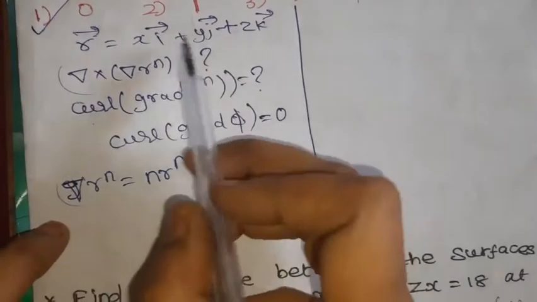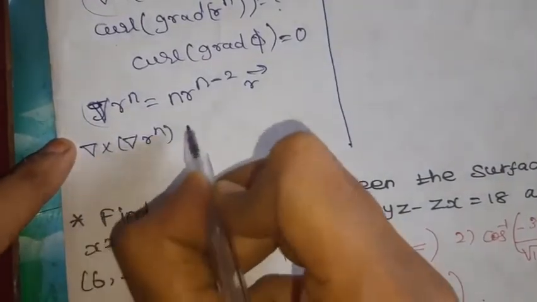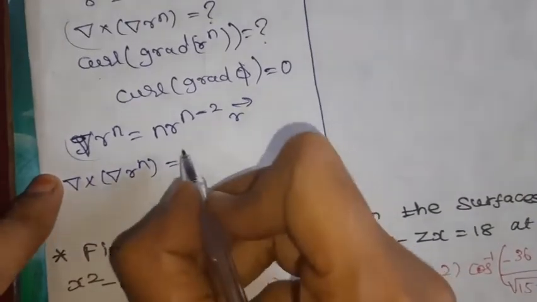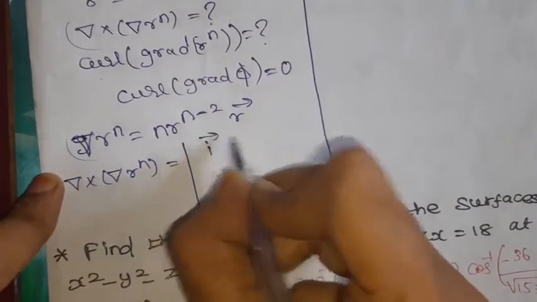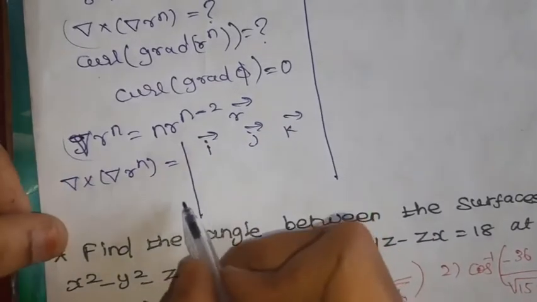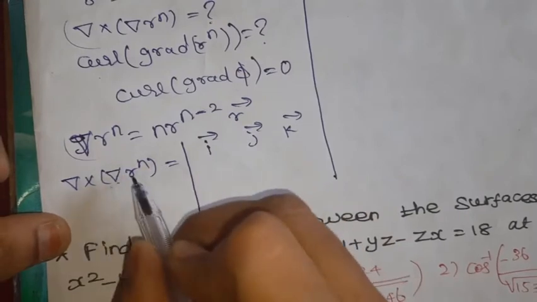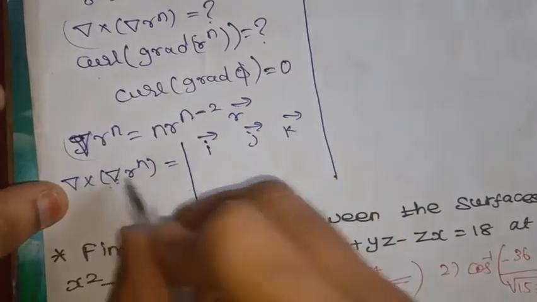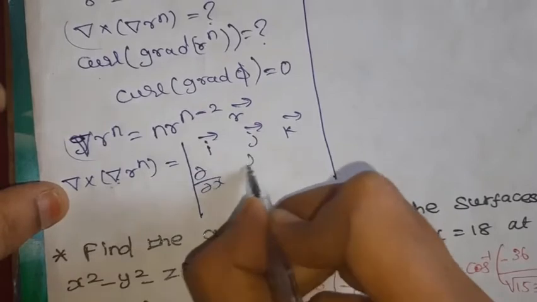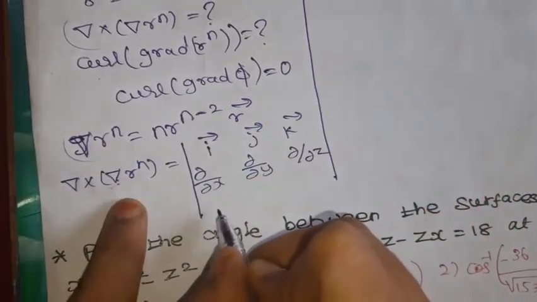Now what we are going to do is del cross del r power n. Use the ijk method and expand, and we'll see whether we get 0 or something else. The first row is ijk, the second row is ∂/∂x, ∂/∂y, ∂/∂z, and the third row is the gradient of r power n.